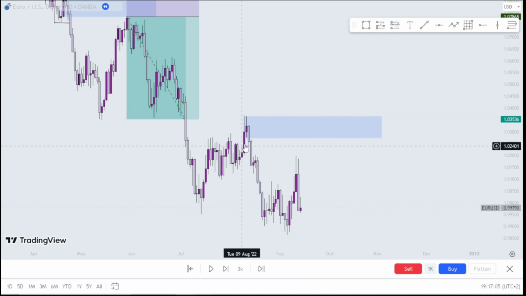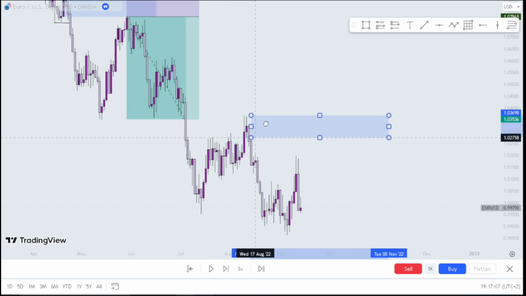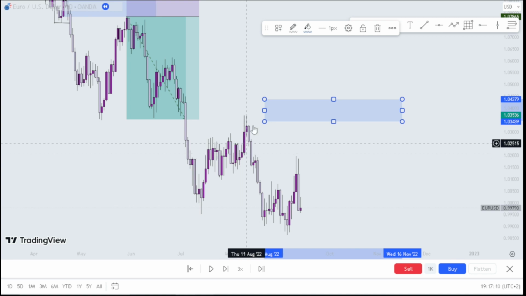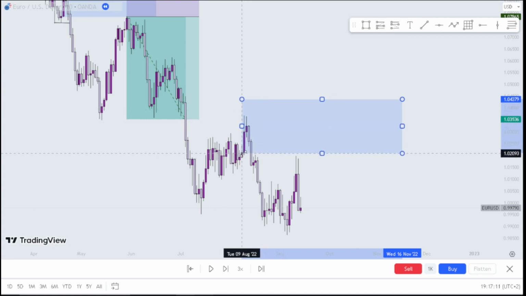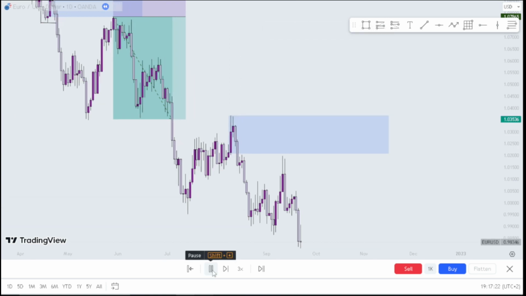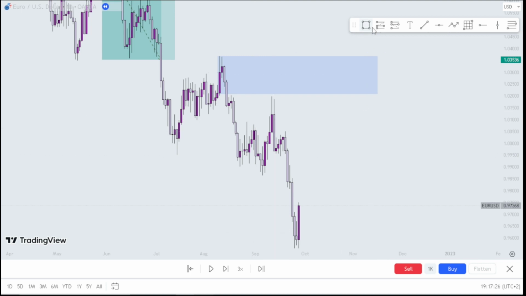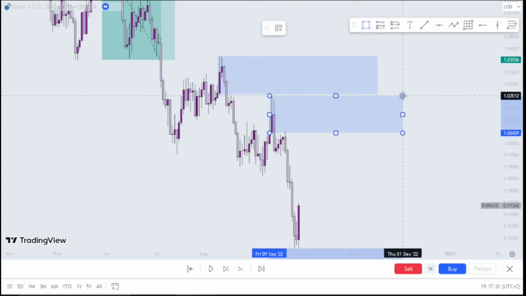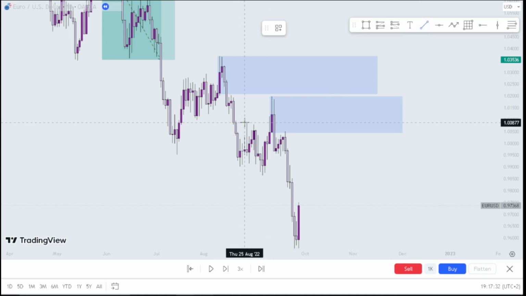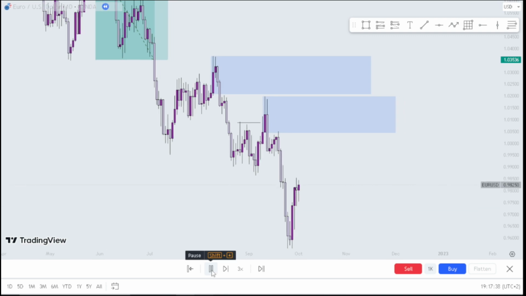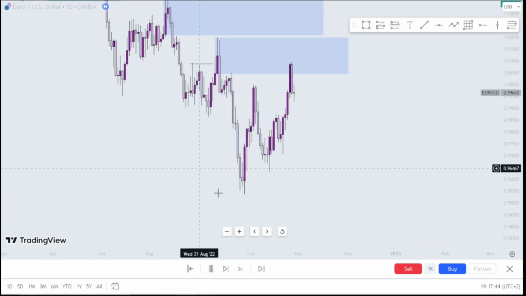In fact, this is the candle that went the highest. So this was supposed to be our order block here. But the market went lower. We have another one here. As you can see, we took out liquidity. Let's see what happens. We got tagged in.